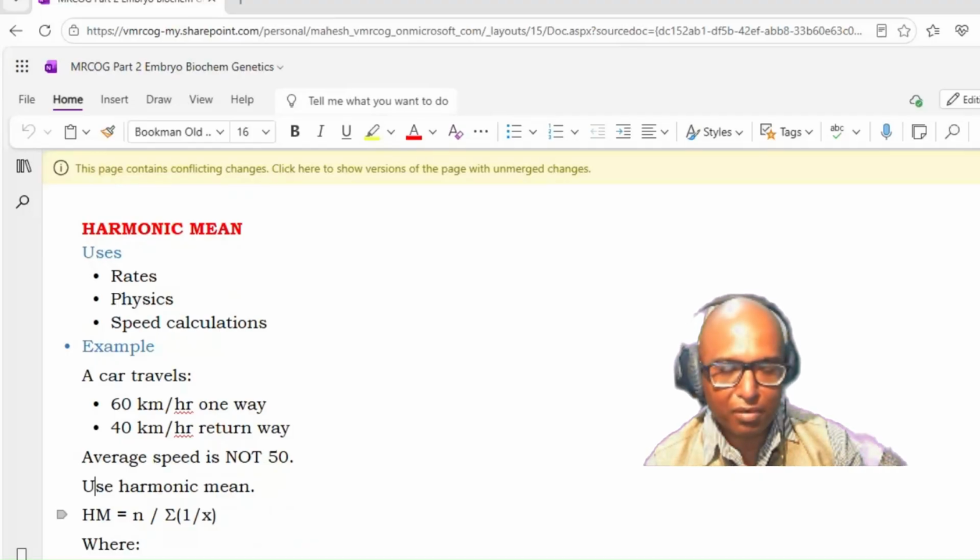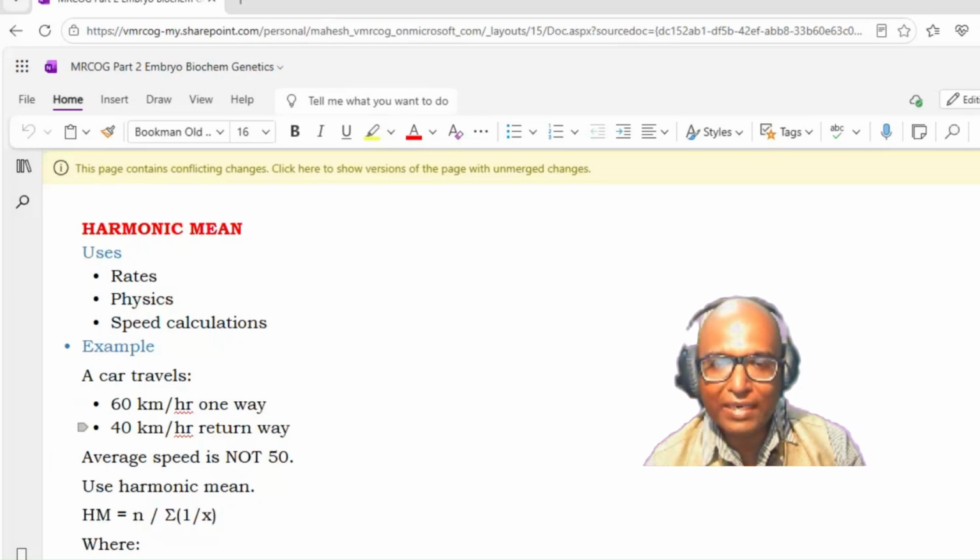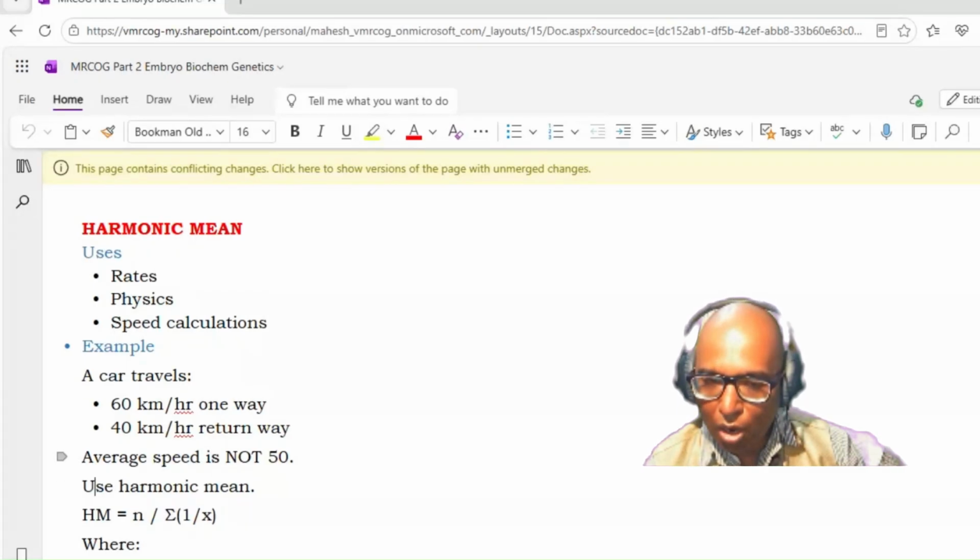The formula for the harmonic mean is n divided by the sigma of the reciprocals of all observations. We take the reciprocal of each observation. Suppose there are 10 observations: 1 divided by the first observation, 1 divided by the second, 1 divided by the third, and so on for all 10.